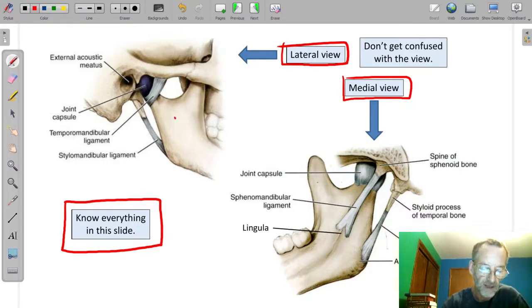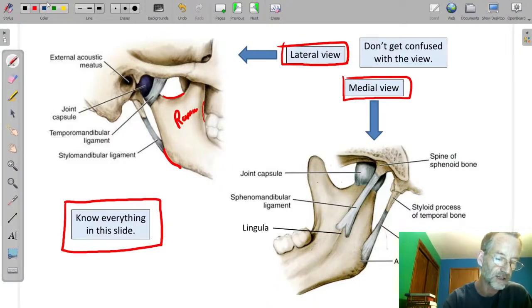You recognize, yes, there's the ramus, of course, and the angle, and the mandibular notch. Maybe you remember the coronoid notch. We're not talking about those anymore at the moment, but I mentioned them just for review. So here's the styloid process.